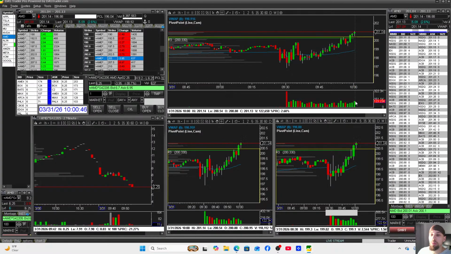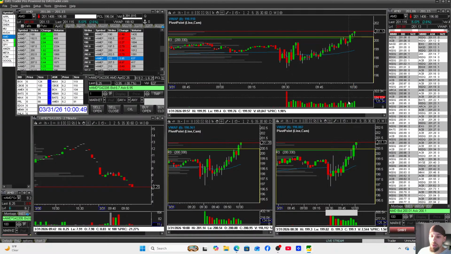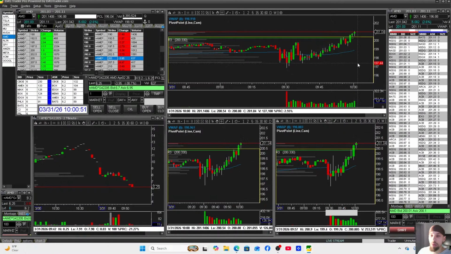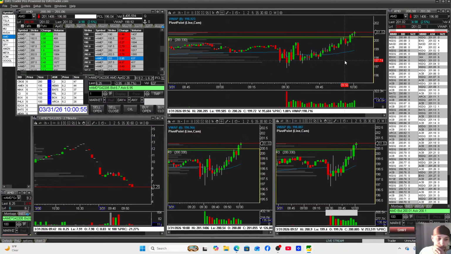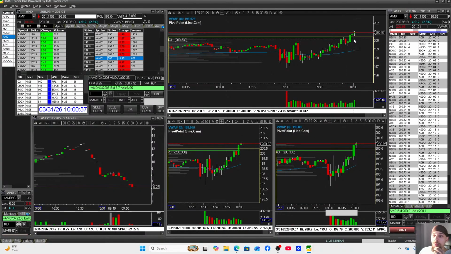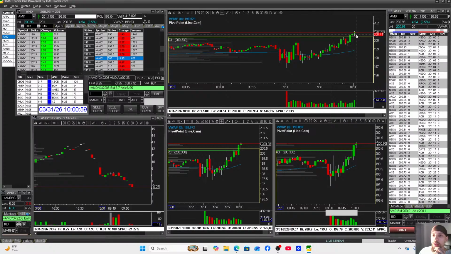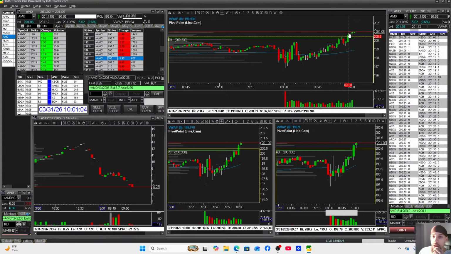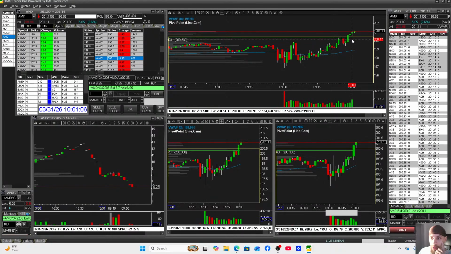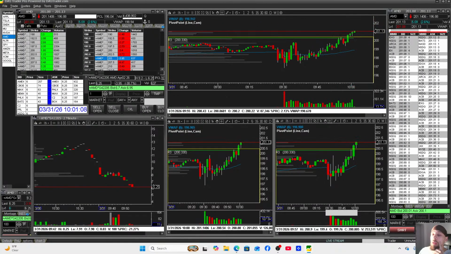Volume's picking up here on the 1 minute. Seems to be slowing down though. Bit of an indecision candle, it's still grinding.